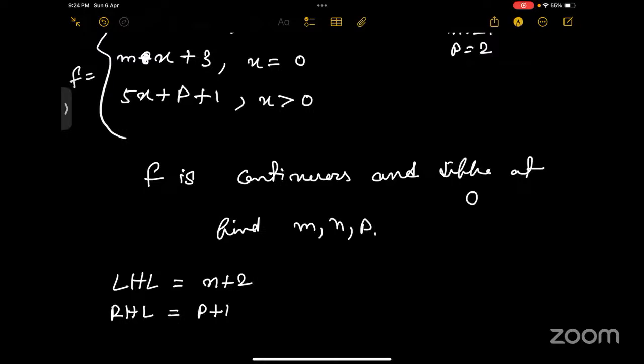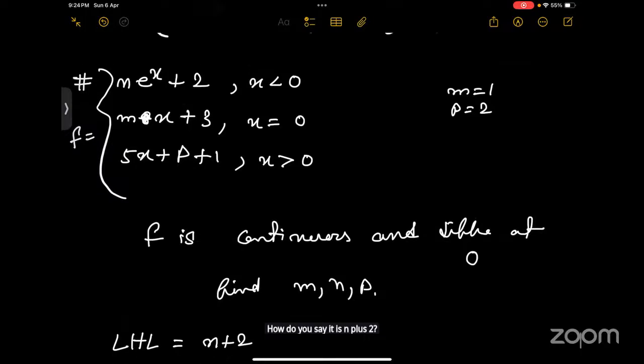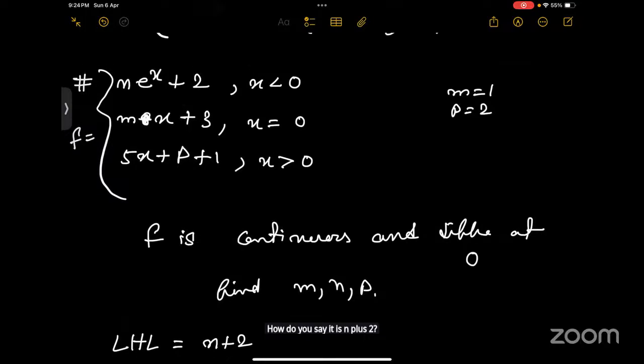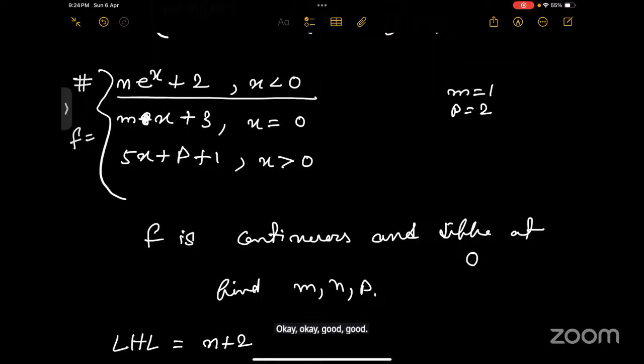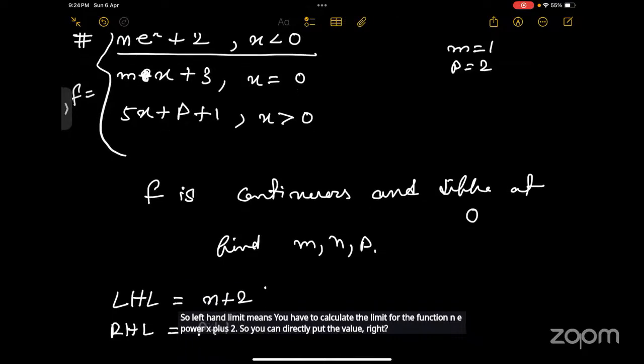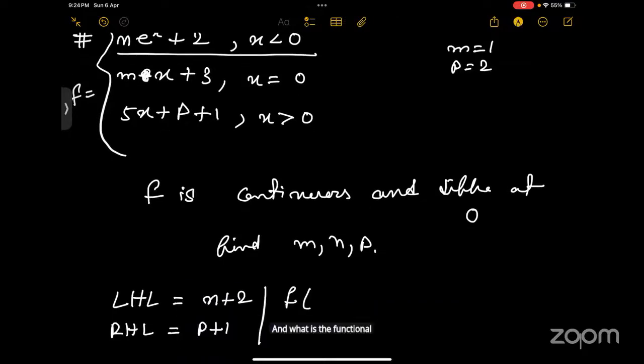How do you say it is n plus 2? Okay. Left hand limit means you have to calculate the limit for the function n e power x plus 2. So you can directly put the value, right? And what is the functional value at 0?